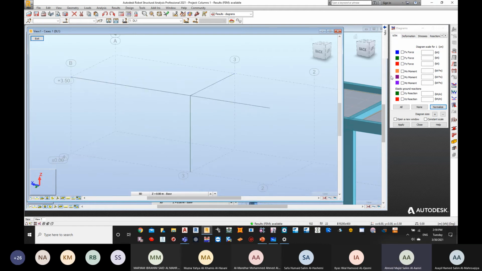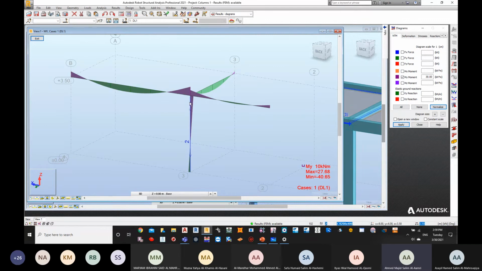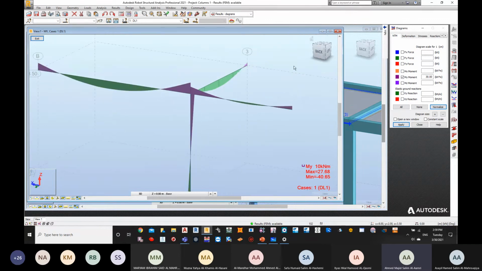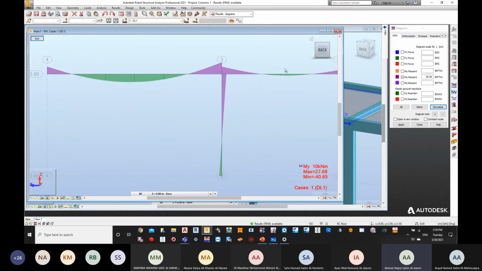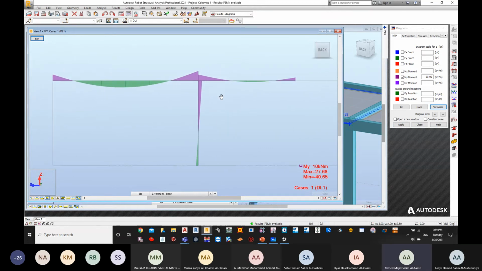Now if I want to see the moment, you will see that for the column, this is my column, we have the bending moment for the first beam, which is the longer beam, and the bending moment for the shorter beam.